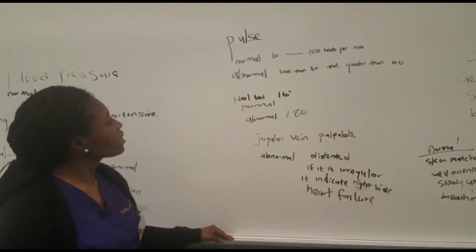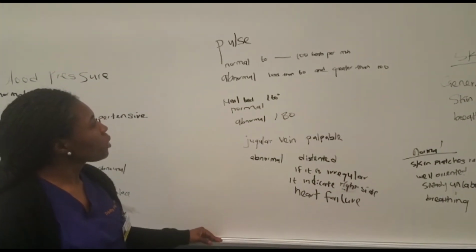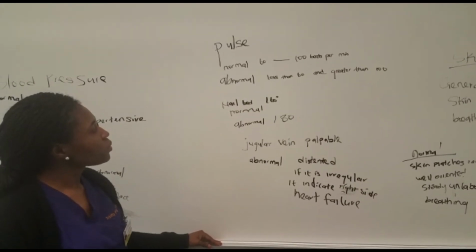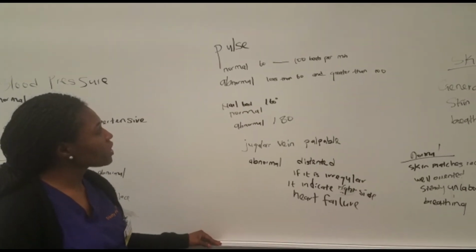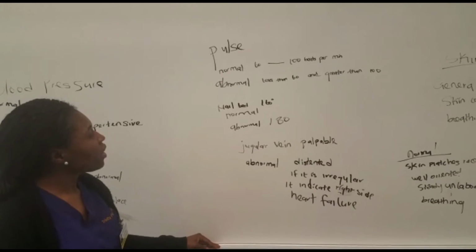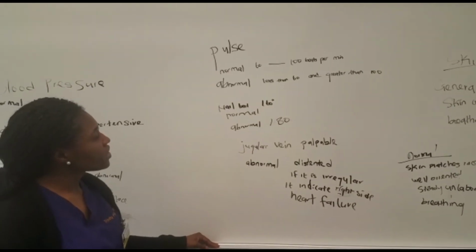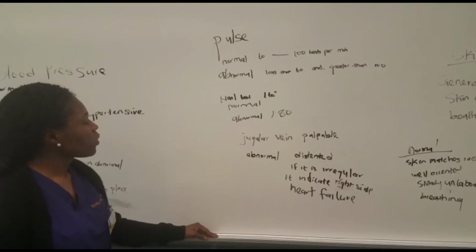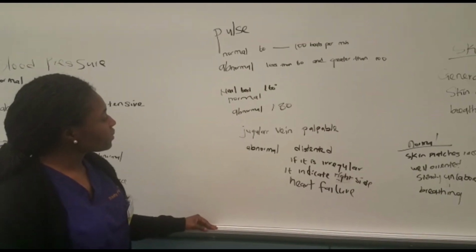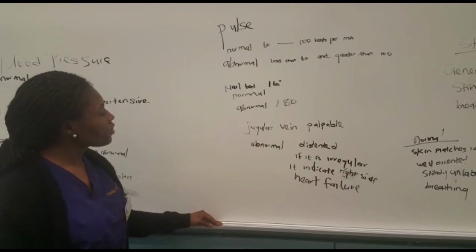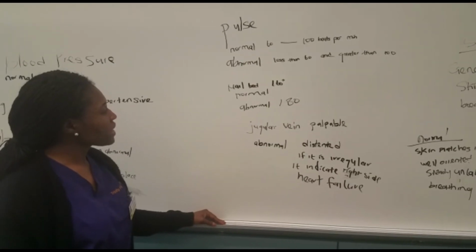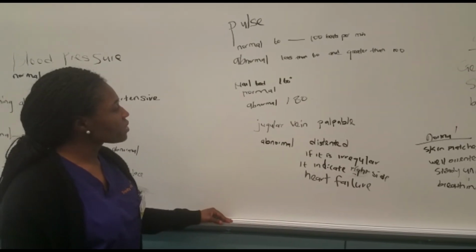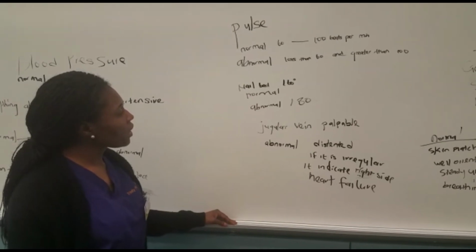When you're taking the pulse, the normal pulse rate is between 60 to 100 beats per minute. Abnormal will be less than 60 and greater than 100. When you are inspecting the jugular vein, the normal finding will be the bed at a 30 to 45 degree angle.